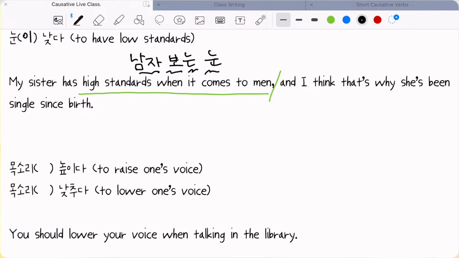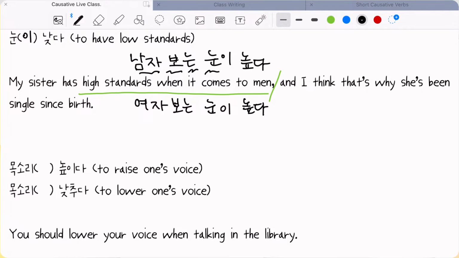So eyes that kind of discern a good man. So 남자 보는 눈이 높다 means to have high standards when it comes to men. And if you say 여자 보는 눈이 높다, it would mean to have high standards when it comes to women.